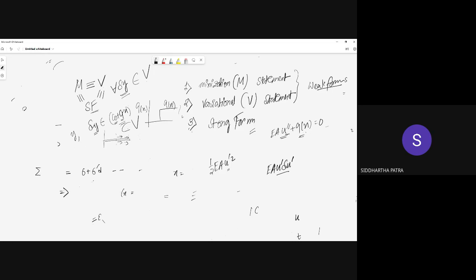But for the time being, I would appreciate it if you go through whatever has been discussed today regarding getting the strong form of the bar deflection using two different methods, one from the potential energy, the other one from your free body diagrams.